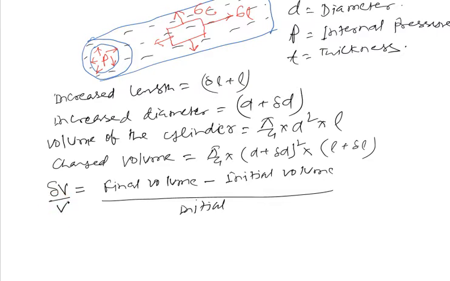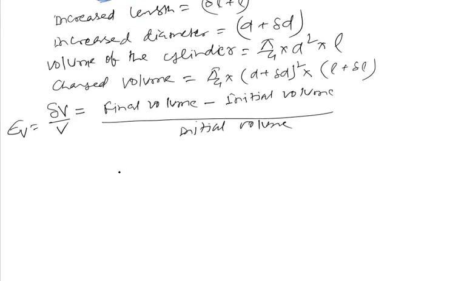Delta V by V is the volumetric strain. Epsilon V is equal to delta V by V, that is, final volume minus initial volume upon initial volume. This is known as epsilon V, or volumetric strain. Let's calculate the value of the final volume and initial volume first.